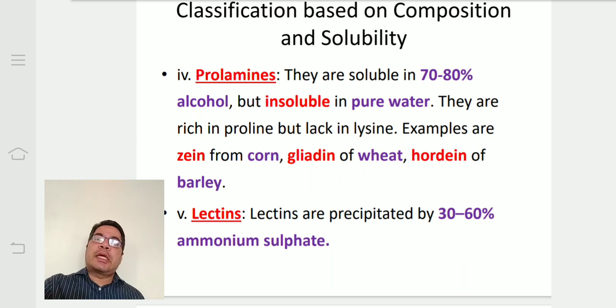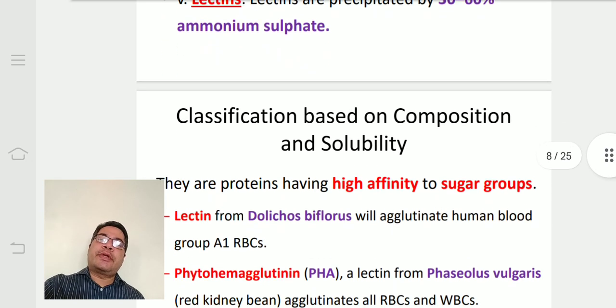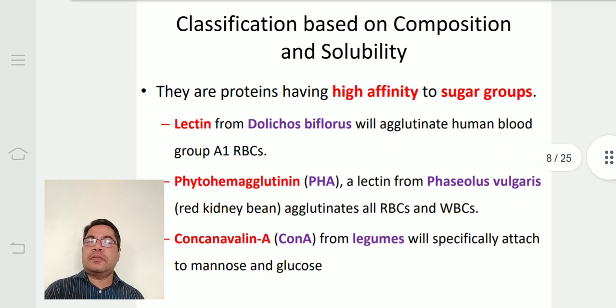Next is lectins. They are precipitated by 30 to 60% ammonium sulfate. They are proteins having high affinity to sugar groups. Example, lectin from Dolichos biflorus which will agglutinate human blood group A1 RBCs.